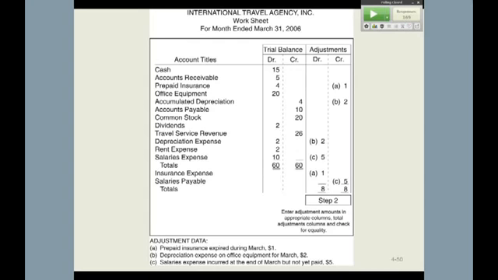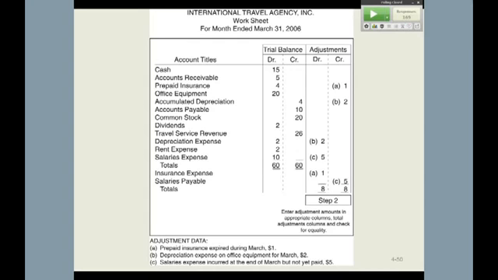All right. Now, the third step is we want to try to reflect those adjustments in the adjusted trial balance. So what you would do is go down each line and try to reflect those adjustments. Cash is unadjusted, it comes across as 15. Accounts receivable was not adjusted, that comes across as 5. And again, these are going into their debit and credit columns.